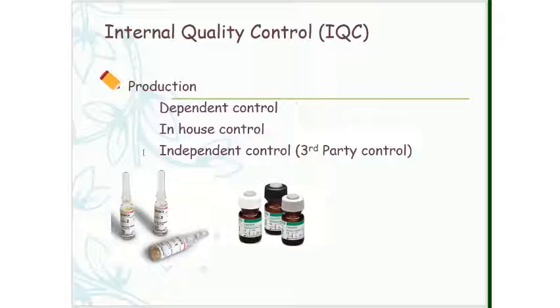While lastly, independent control means that the QC material is produced by a different company from the one that supplies the reagent and analyzer. This is also called third-party control. So, under Laboratory Diagnostic Accreditation, MS ISO 15189, this kind of QC material is necessary where possible.